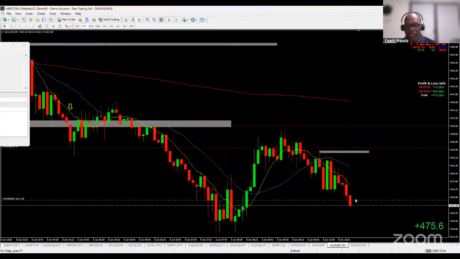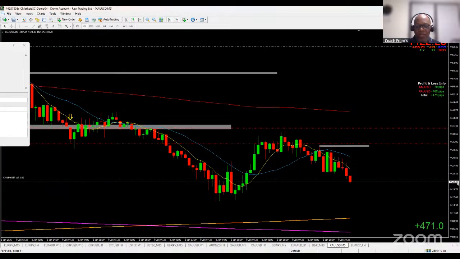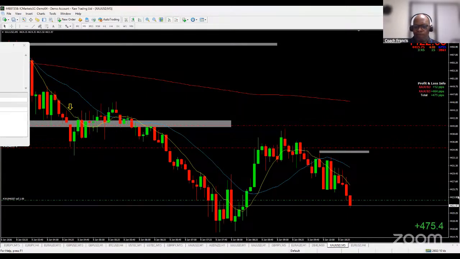I want us to play it safely, get the most out of it, and get a minimum of 1-to-1. Might not get a pullback, but hey, let's see. Patience is needed.